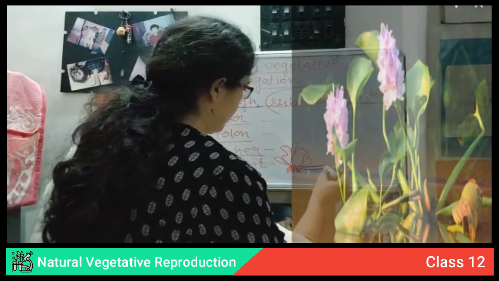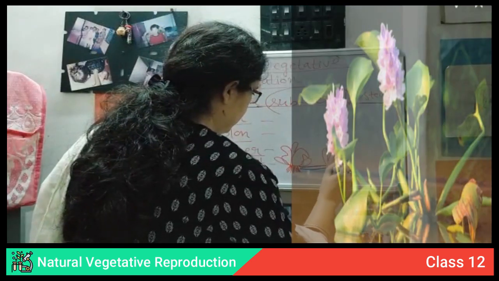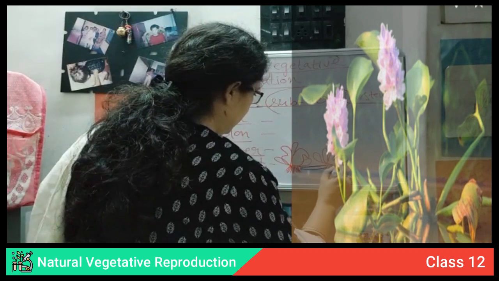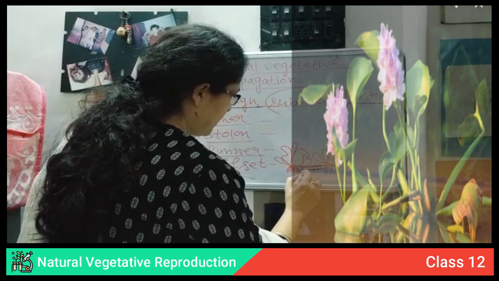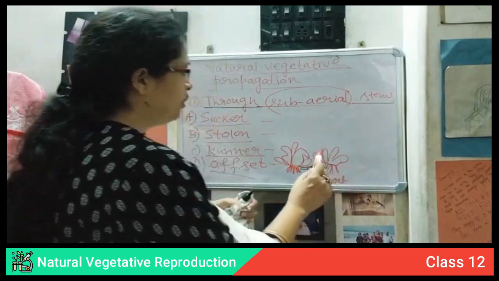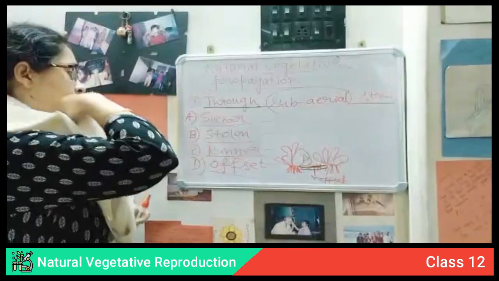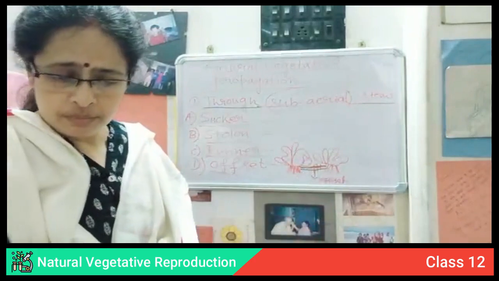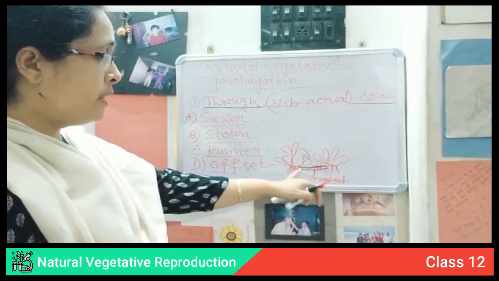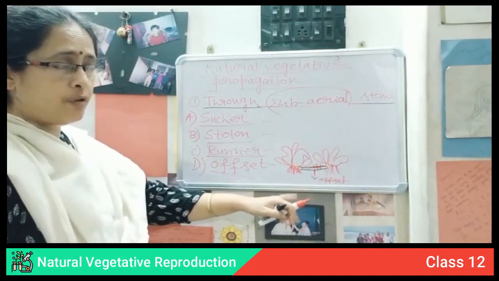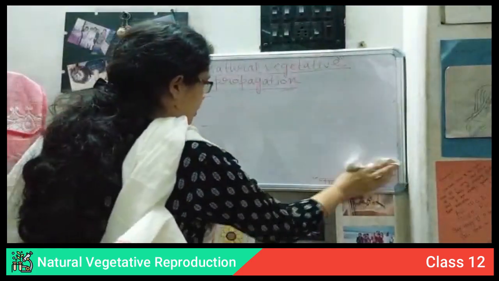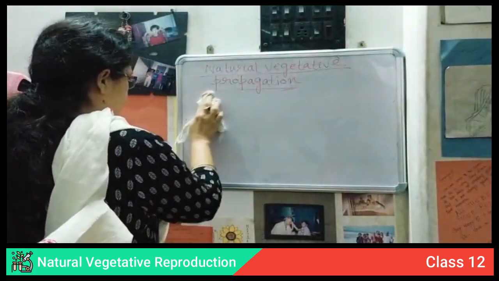When this part is cut off, a new plant grows from this. The flowers of this plant, water hyacinth, are very beautiful, but these plants are very harmful for water bodies.